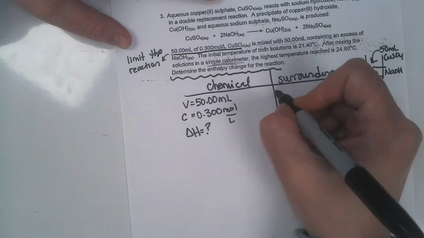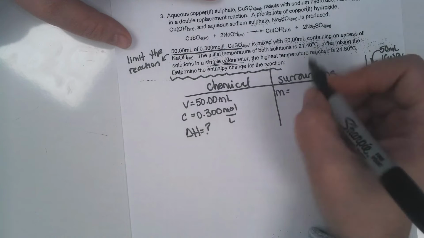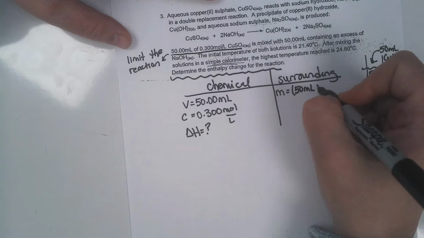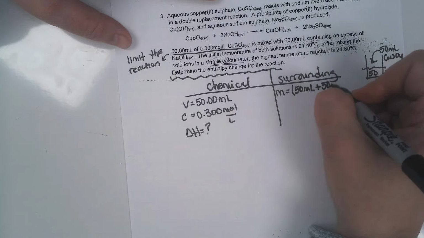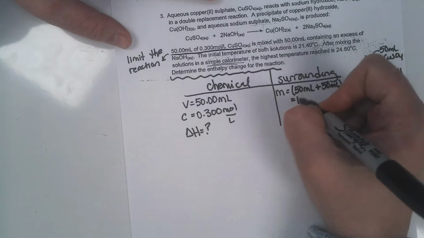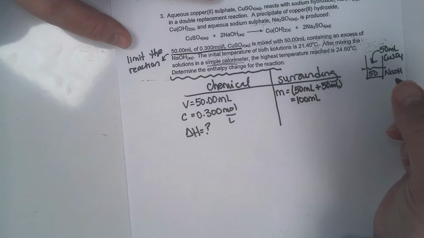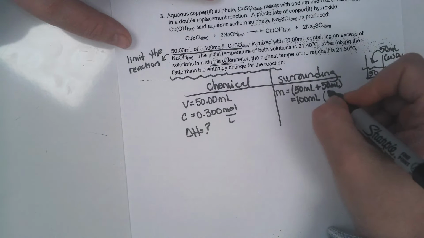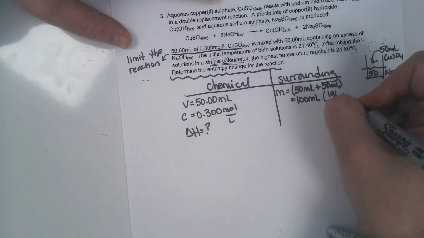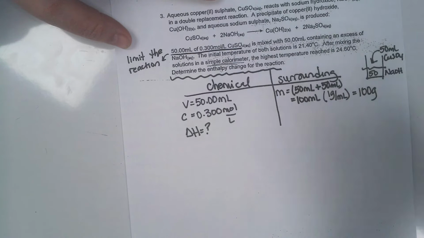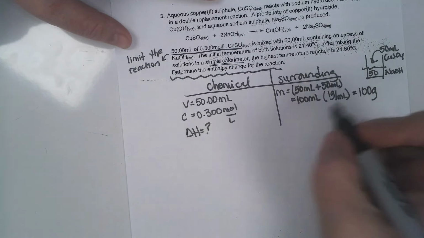So the mass of our system is actually going to be 50 mL plus 50 mL for a total of 100 mL. We need to remember that there's a 1 gram per milliliter density, so it's actually 100 grams is our mass.